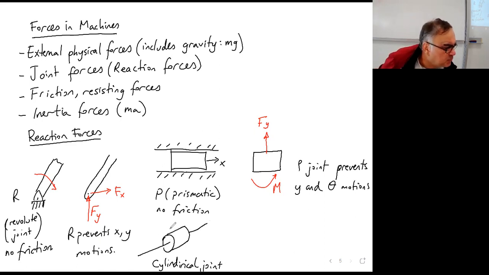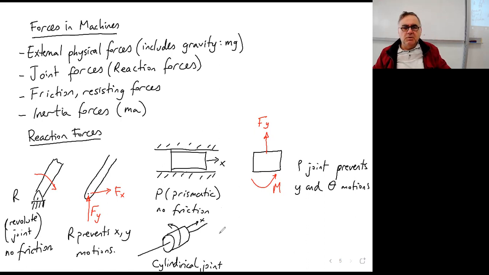What motions does a cylindrical joint prevent? It allows you to move in this direction, let's say the x direction, and it allows you to rotate in this direction. But all the other motions are prevented, as you see.